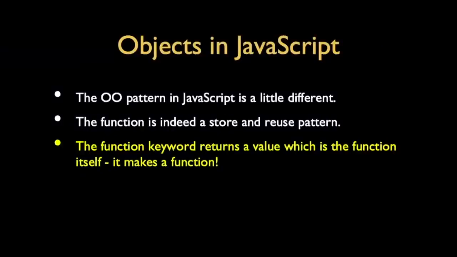But the key thing is that the function keyword is actually, in a sense, an executable statement. You can call and use the function keyword, and it causes code to come back to you. So you can have the function create code and then assign it into the variable.